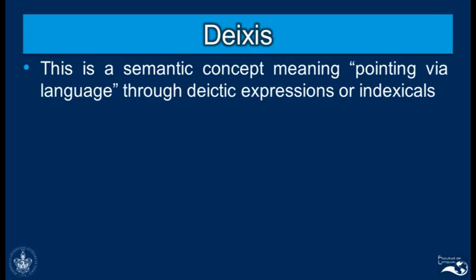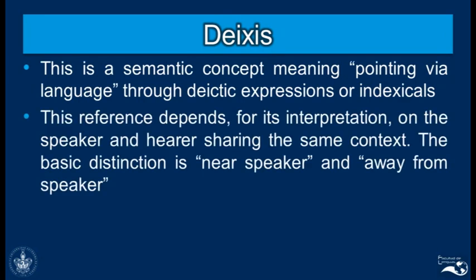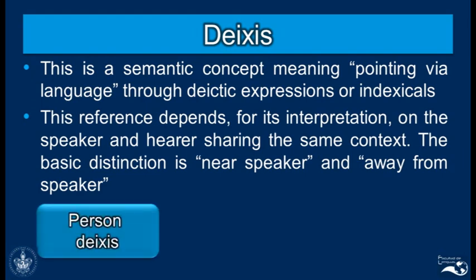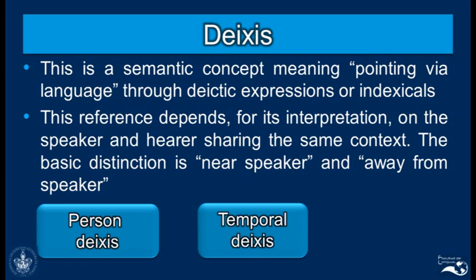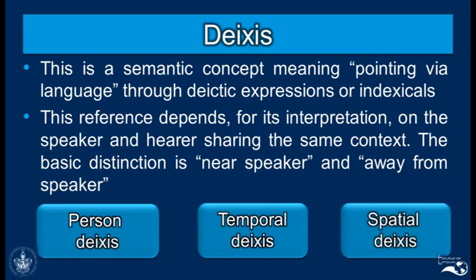So this means that when we use deictic expressions or indexicals, we're going to refer to things as being near us or away from us. There are three kinds of deixis: person deixis, temporal deixis, and spatial deixis. So whether we're talking about people, about time, or about space.